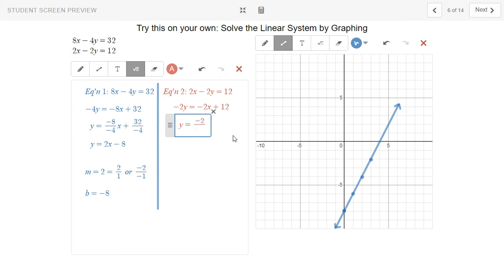Negative 2y over negative 2, negative 2x over negative 2, and 12 divided by negative 2. y is equal to x minus 6. Our slope here is 1. So as a fraction, it's 1 over 1 or negative 1 over negative 1. b is equal to negative 6.